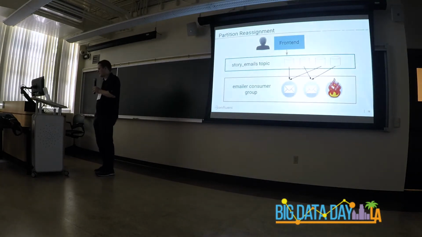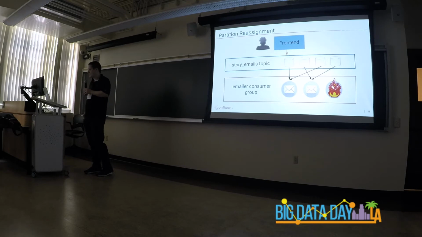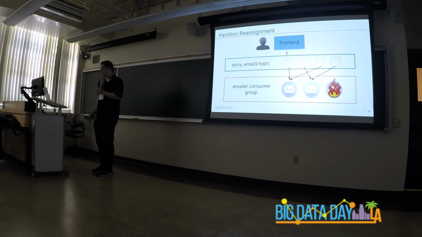Now, what happens if one of our emailers crashes, like we said, has a tendency to happen? I don't know why. I didn't write that code. But in that case, Kafka can rebalance the partitions so that the partitions are distributed among the existing consumers. So again, this is a way you can get elastic scalability with Kafka.